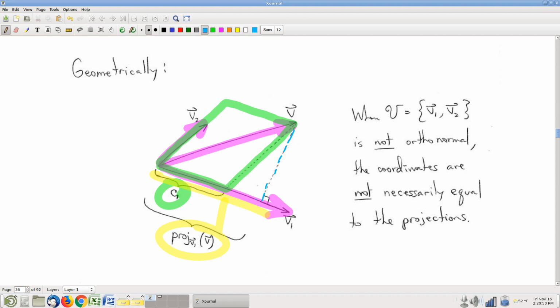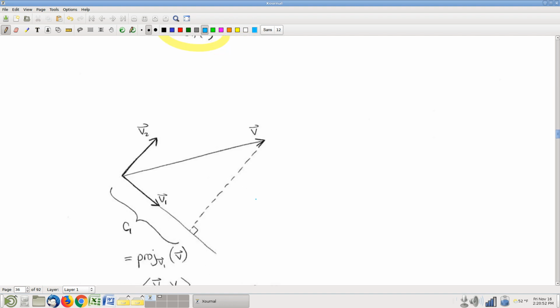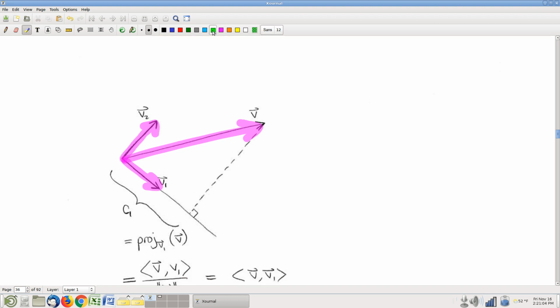Okay. So the idea then is that if your basis is an orthonormal basis, there's your vector, here's your orthonormal basis, you're going to compute coordinates off of the parallelogram. Oh, wow, wait a second.